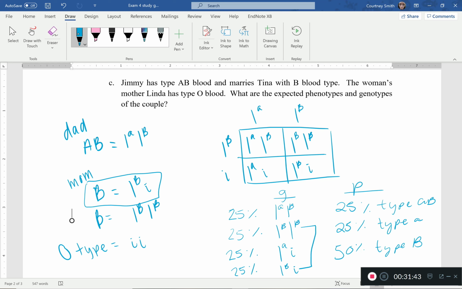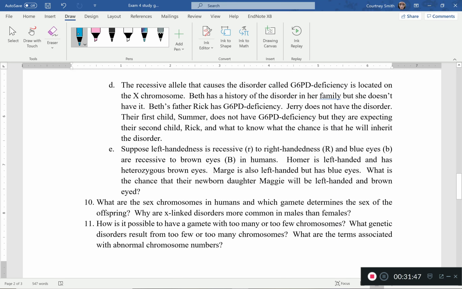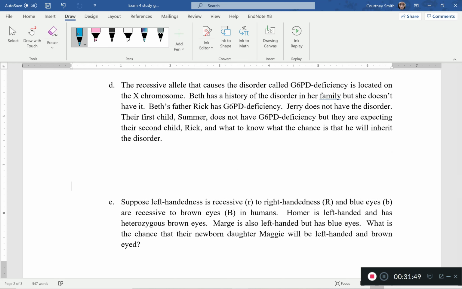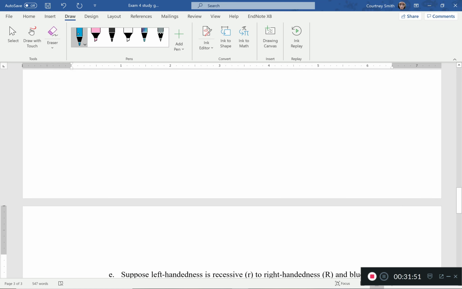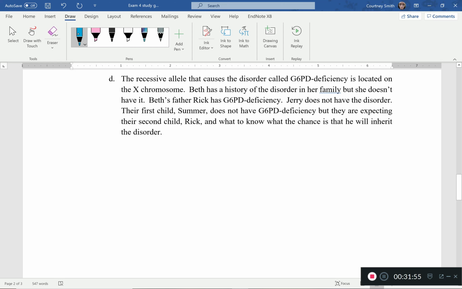Okay, now let's do one more, which is a sex-linked problem. A recessive allele that causes a disorder called G6PD deficiency is located on the X chromosome. Beth has a history of the disorder in her family, but she does not have it.